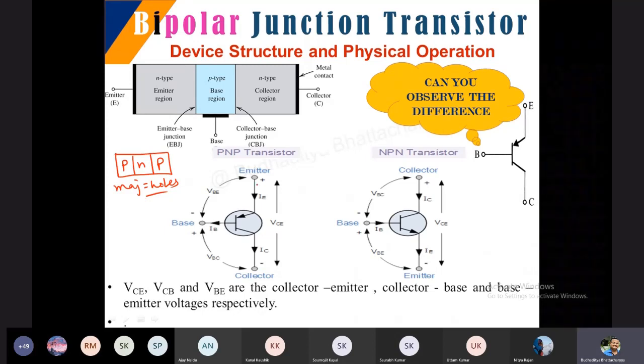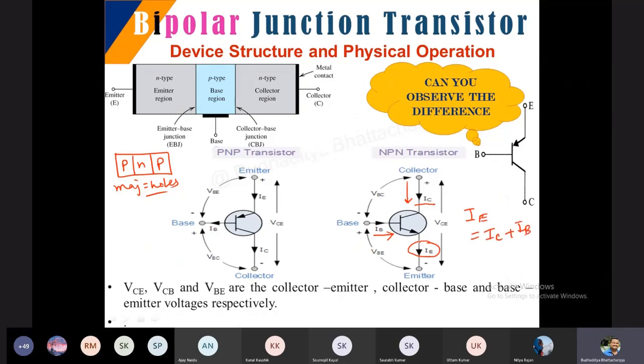Now, if you observe carefully, let's finish the NPN, then I'll come to PNP. In this NPN, you can observe IE is flowing out of the emitter, as I already said. IC is flowing inward towards the circuit. IB is also coming inward to the circuit. So as I said, IE is nothing but IC plus IB.